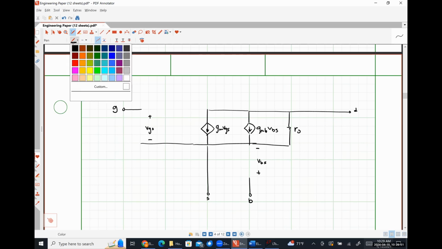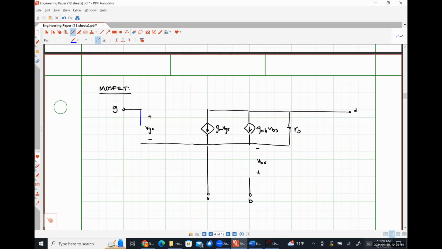We are now going to have to include some gate source capacitance, CGS, some gate drain capacitance, CGD, some source body capacitance, CSB, and some drain body capacitance, CDB.